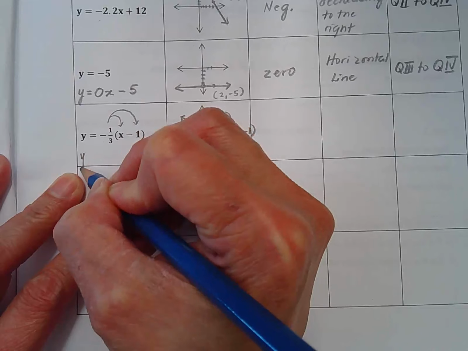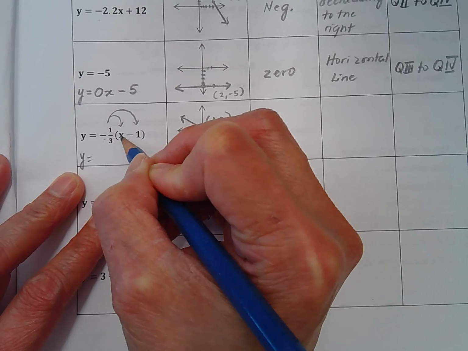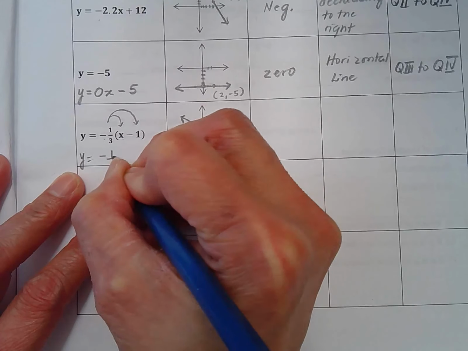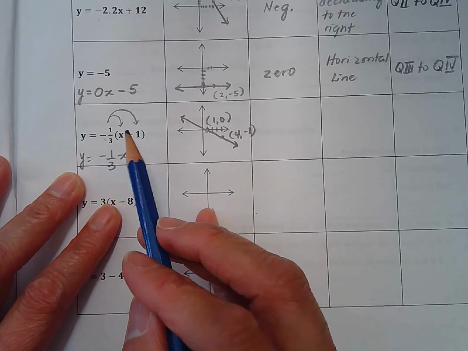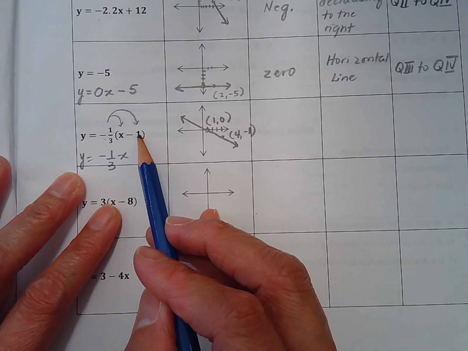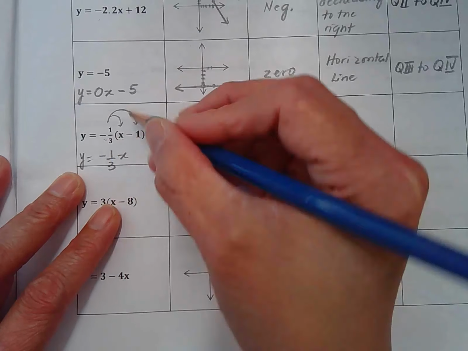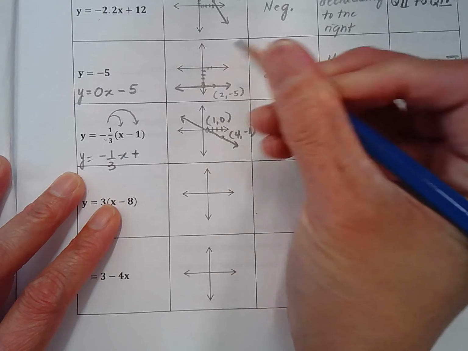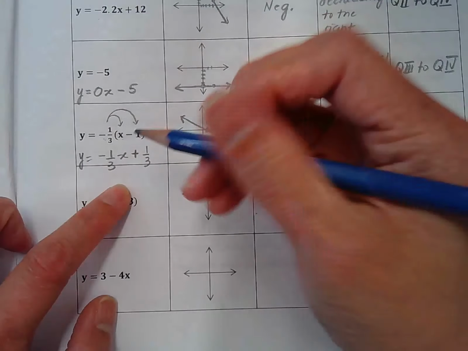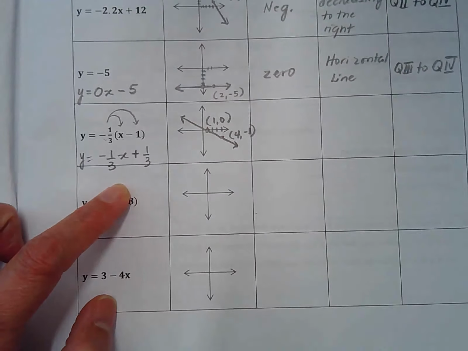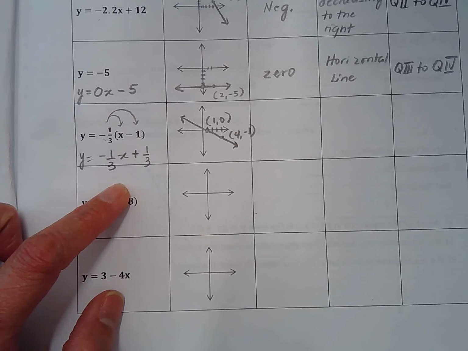So you can say negative 1/3 times x is negative 1/3 x. And then negative 1/3 times minus 1, negative and negative is a positive 1/3. So these two are exactly the same thing, right? Exactly the same thing.